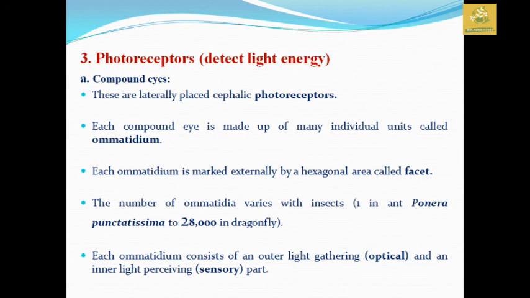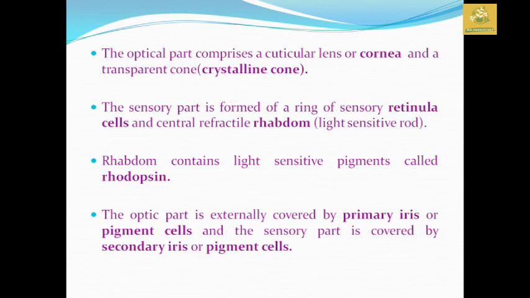Each ommatidium consists of an outer light gathering optical part and an inner light perceiving sensory part. The optical part comprises a cuticular lens, which is a cornea as in humans, and a transparent cone, which is the crystalline cone present in insects.